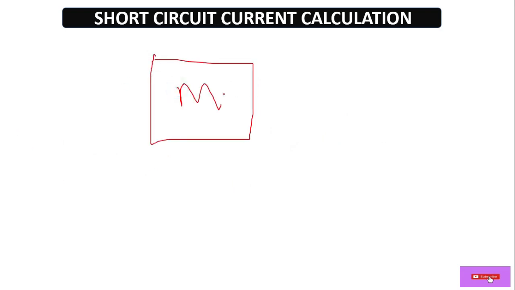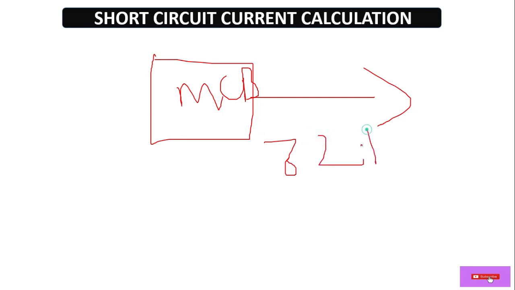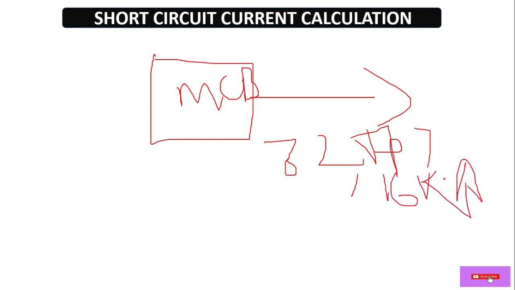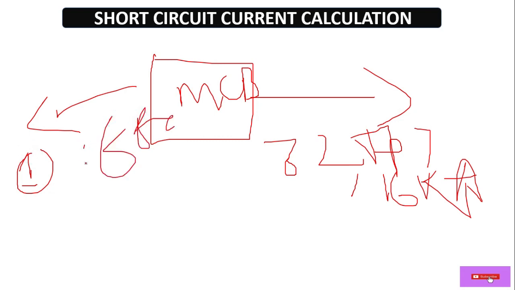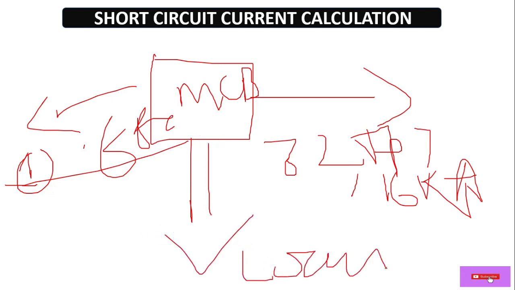Suppose this is the breaker, its capacity is 32 ampere TP, its breaking capacity is 16 kA, and the fault clearing time is 0.6 second. Then the load is connected over here, and this is the cable.